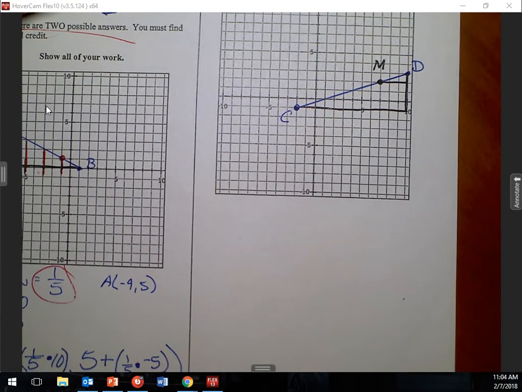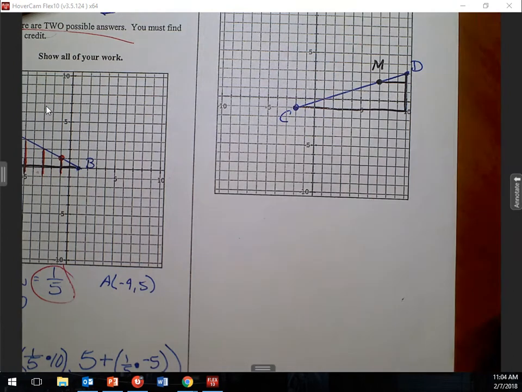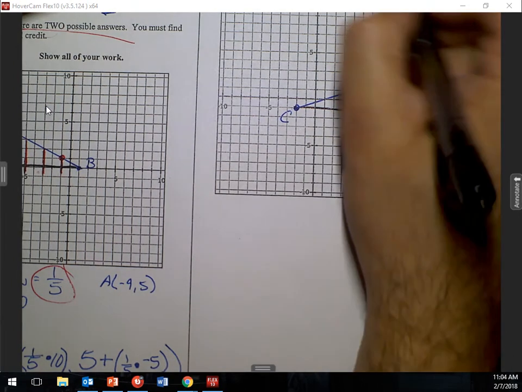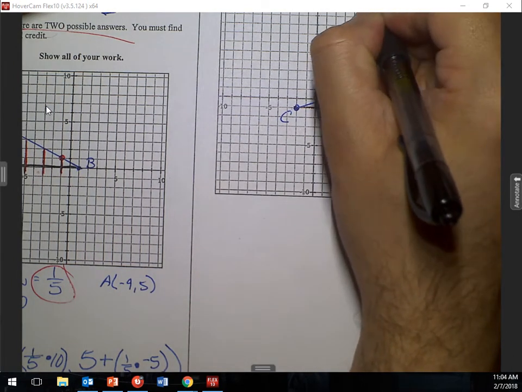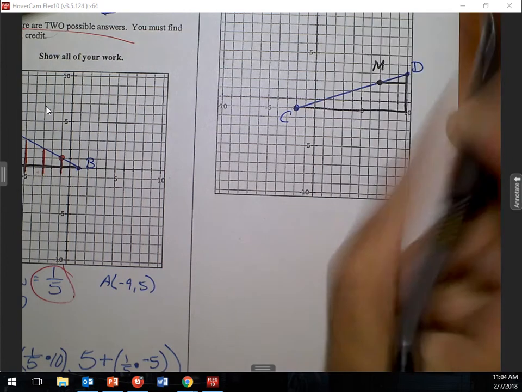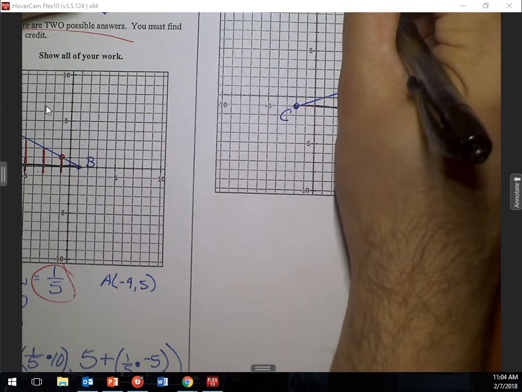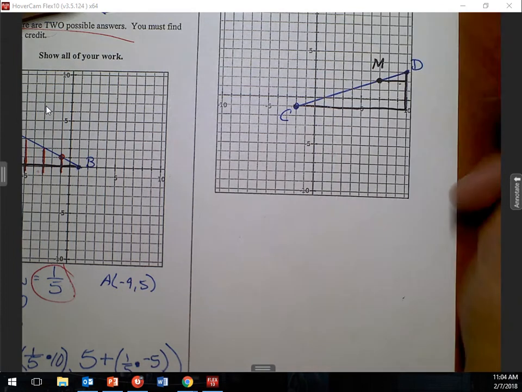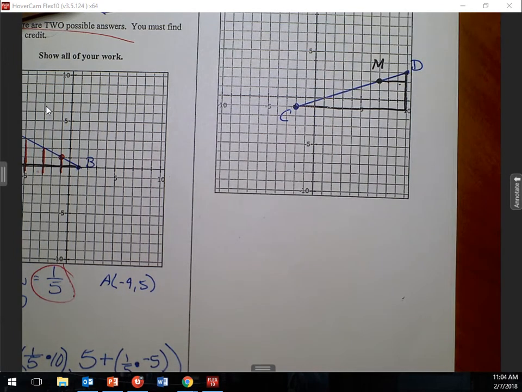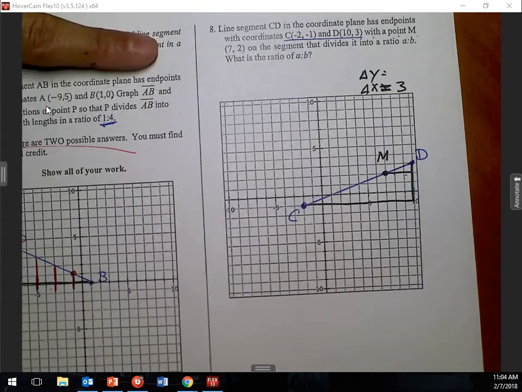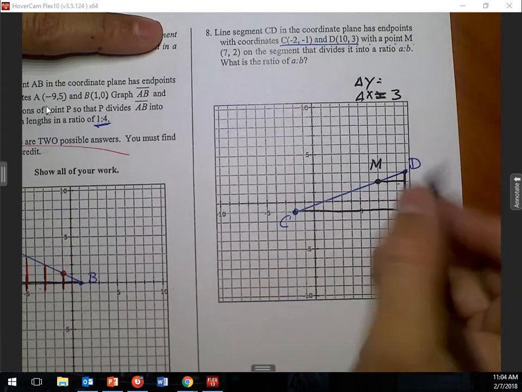Make a triangle there. What is my delta x? 1, 2, 3. What is my delta y? 1, right? Am I up too high? Oh, I'm sorry. My delta y is going to be 1, isn't it?